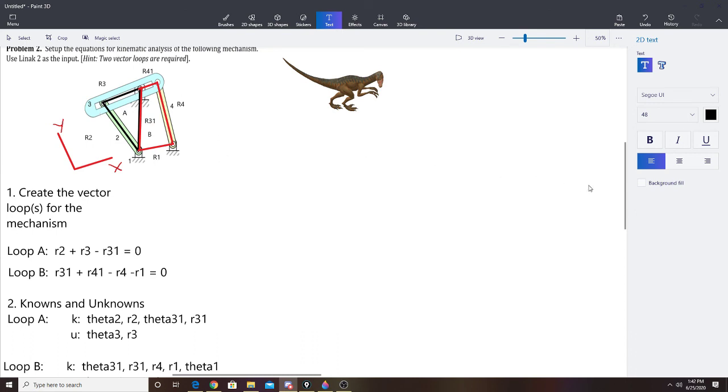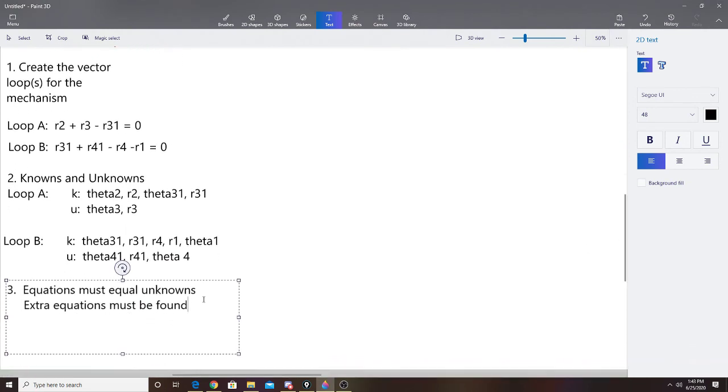Which means that you can eliminate an unknown by saying the following equation. Sorry, we're getting down to the last one here. So theta 4,1 minus theta 3 is equal to 0, or 180 degrees, as you said.